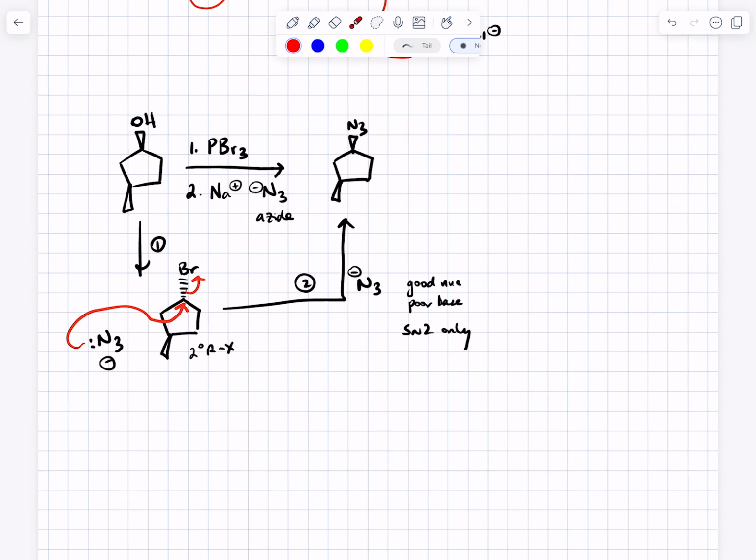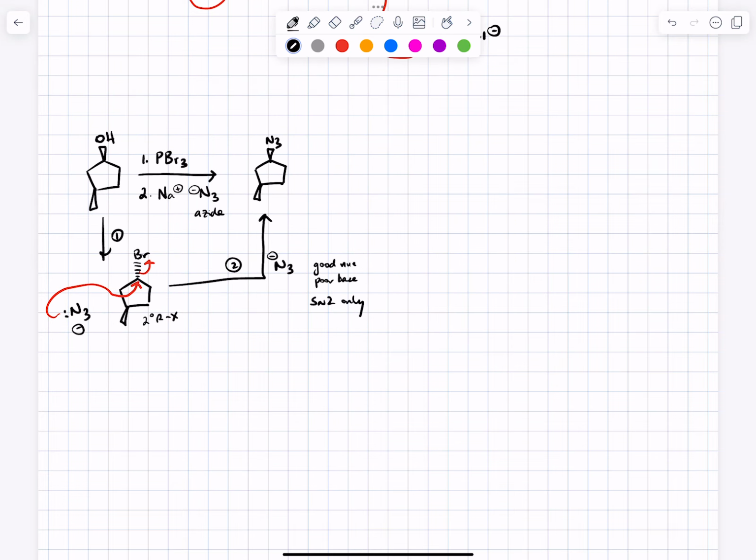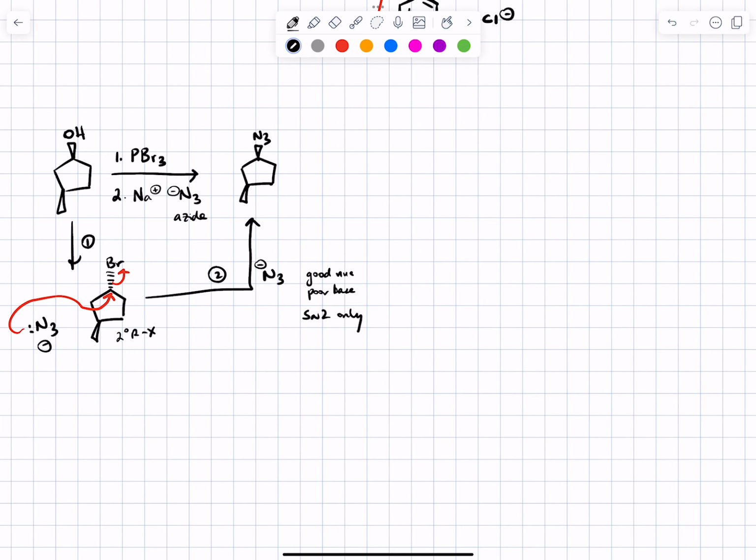Now, contrast that with what would happen if instead we used para-toluenesulfonyl chloride to turn the OH into a good leaving group. So here, instead of using PBr3 in the first step, I'm going to use para-toluenesulfonyl chloride and pyridine.